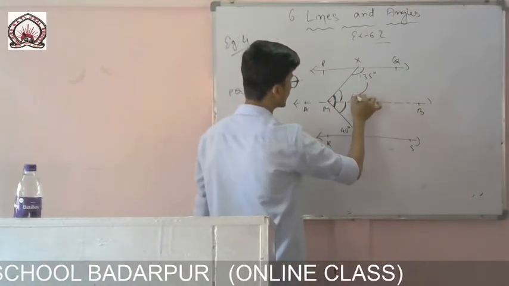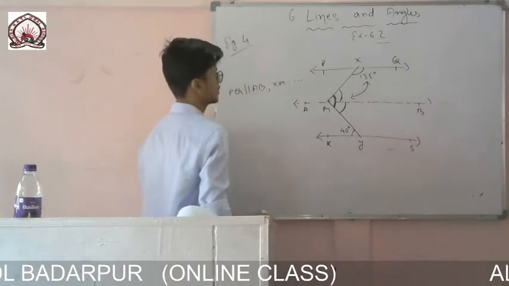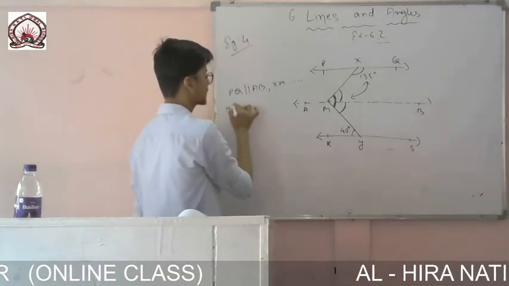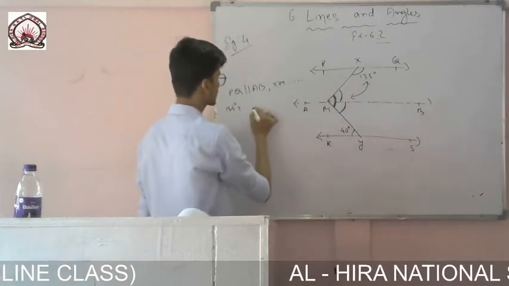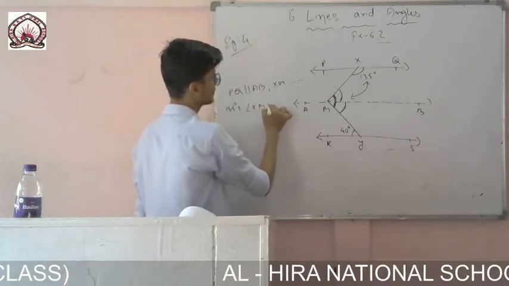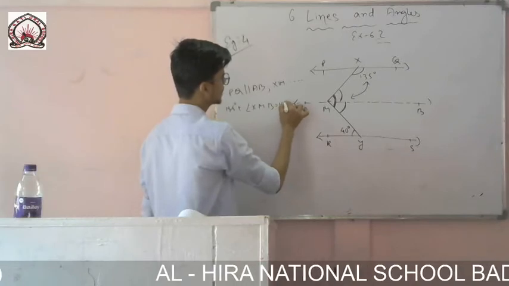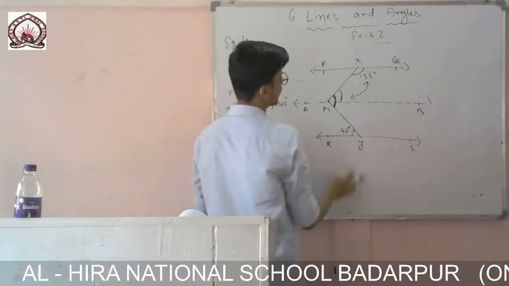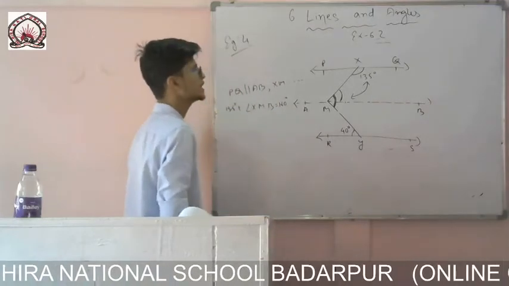These two are co-interior angles. If these two lines are parallel to each other, then 135 plus this angle, that is angle AXMB, will be equal to 180 degrees. Reason: co-interior angles.